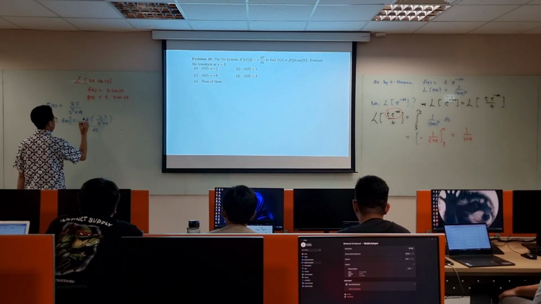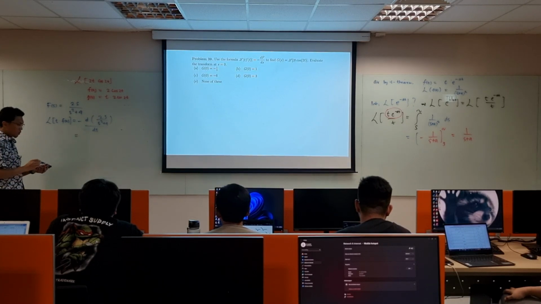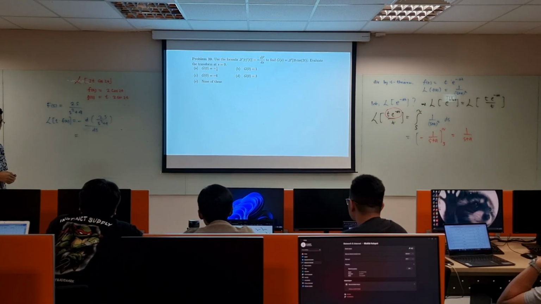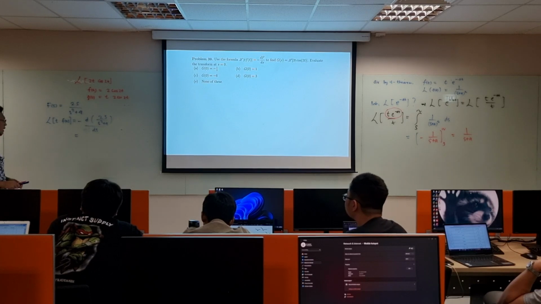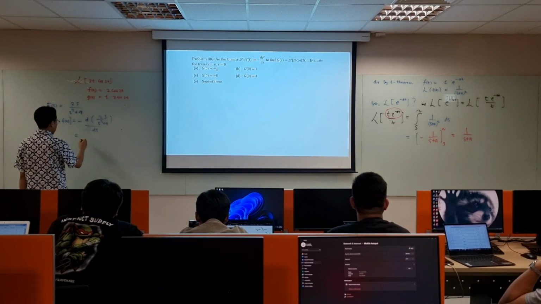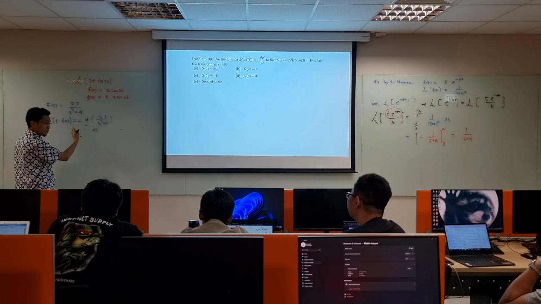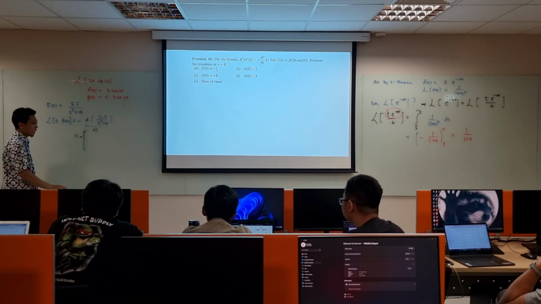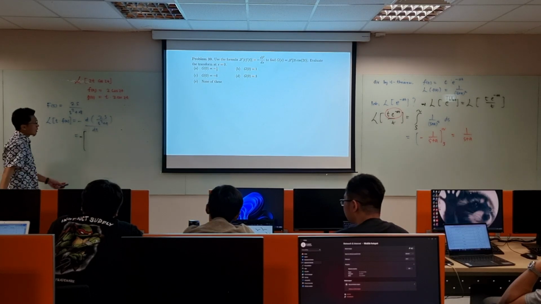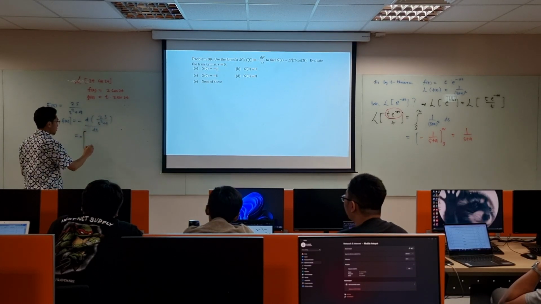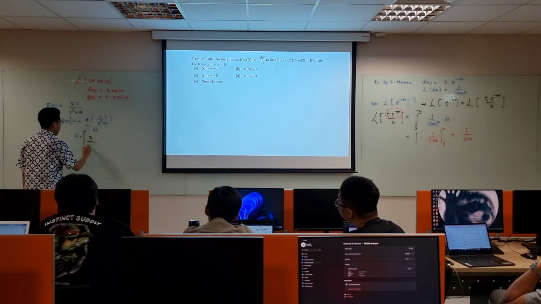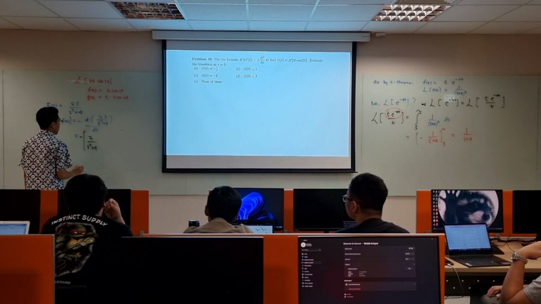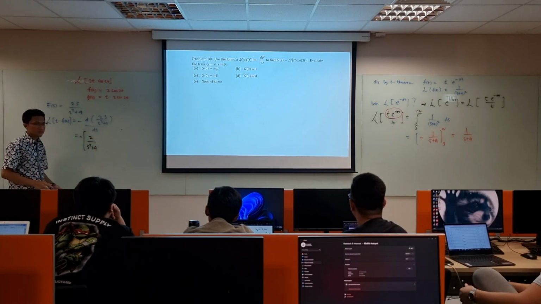You can use the chain rule. So we put the minus outside first and then do the chain rule inside. The first part you get is 2 over s squared plus 4, and then the second part.